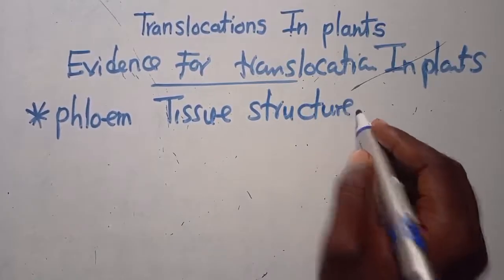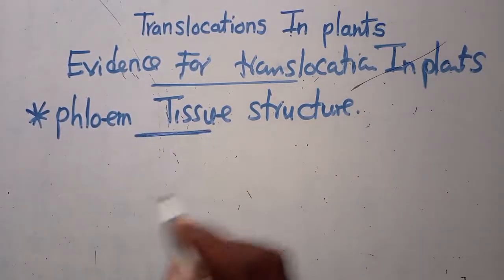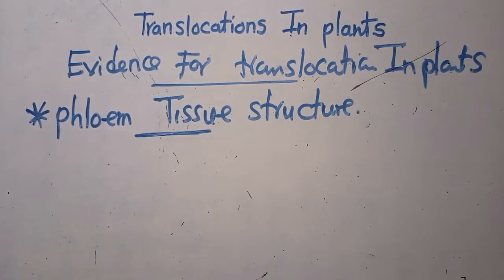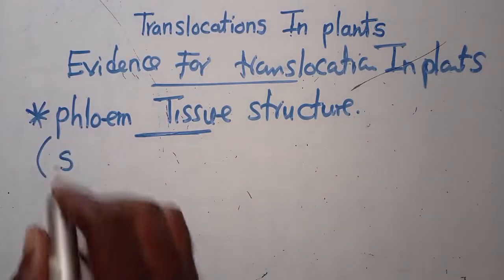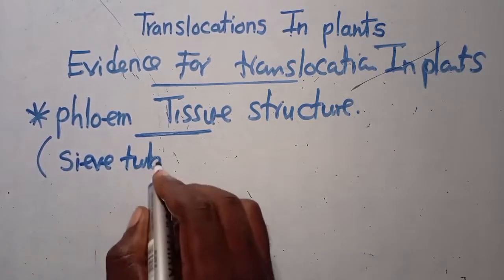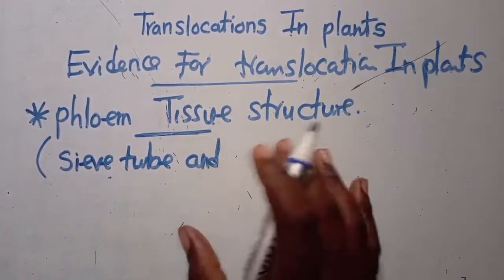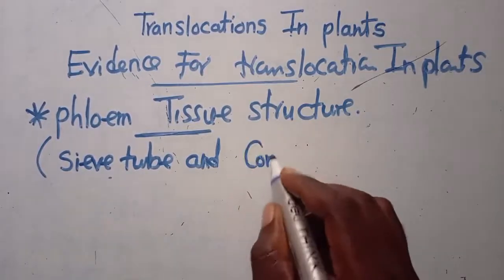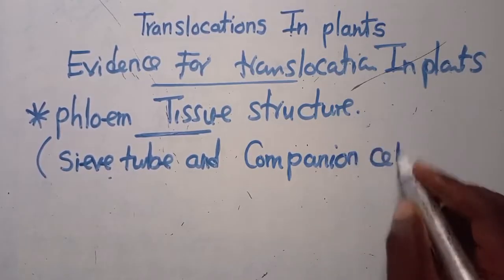This is something that you need to understand. These phloem tissue structures get to include what we call sieve tubes and something I am calling a companion cell.